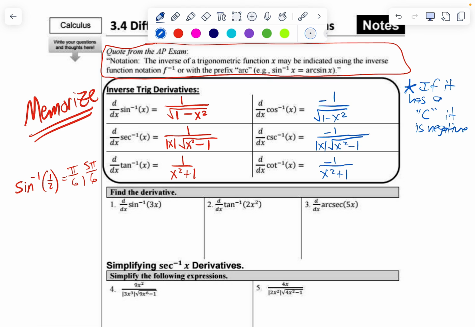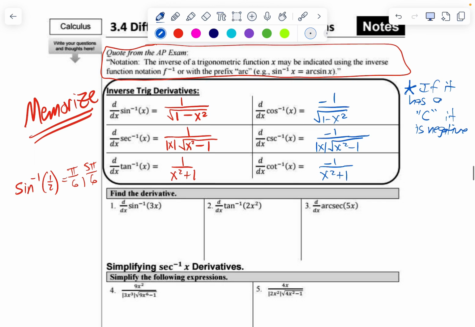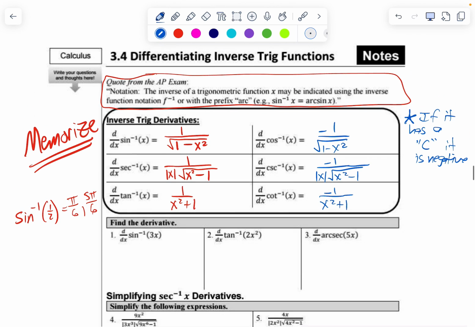Did you know that that's what the co stands for? What does complementary mean in math? It means it adds up to, for these kinds of things, the complement of 90 if we're doing degrees.